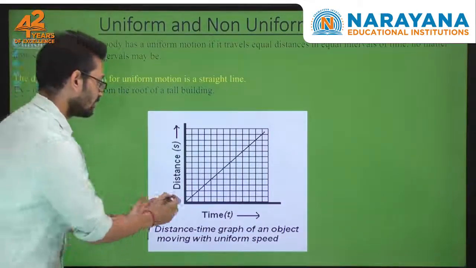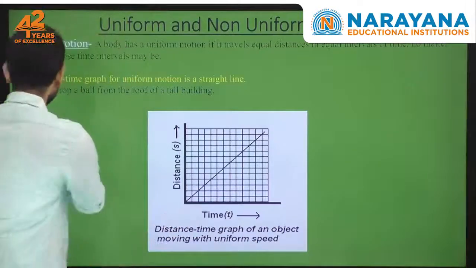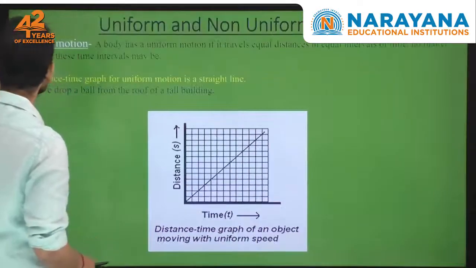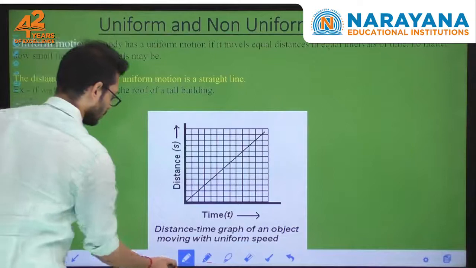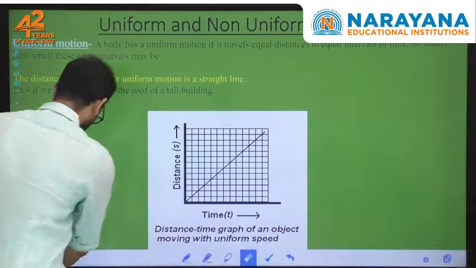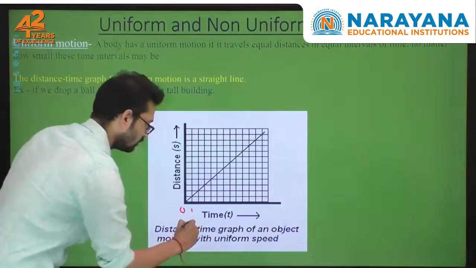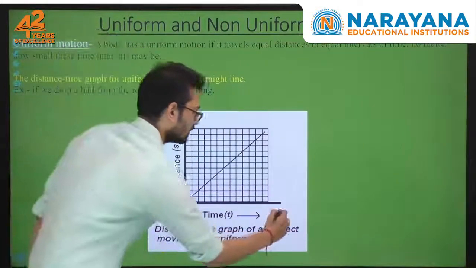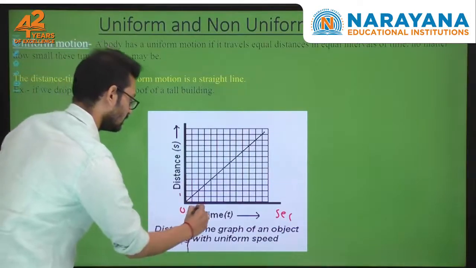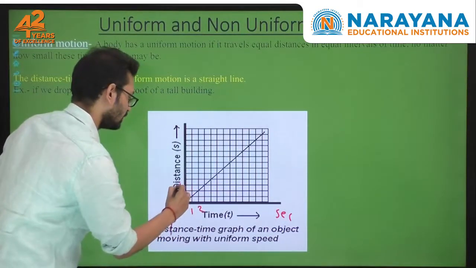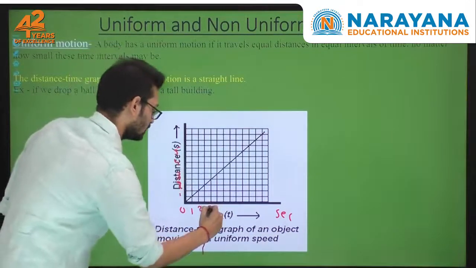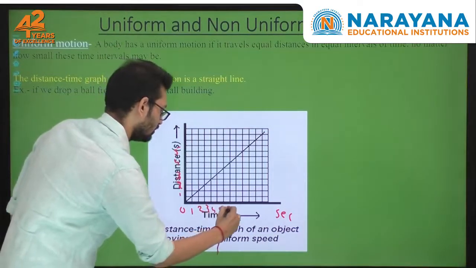Let us take the time interval from 0 to 1 second, with time in seconds. In 1 second, let us take 1 meter, in 2 seconds another 1 meter, and so on up to 6.